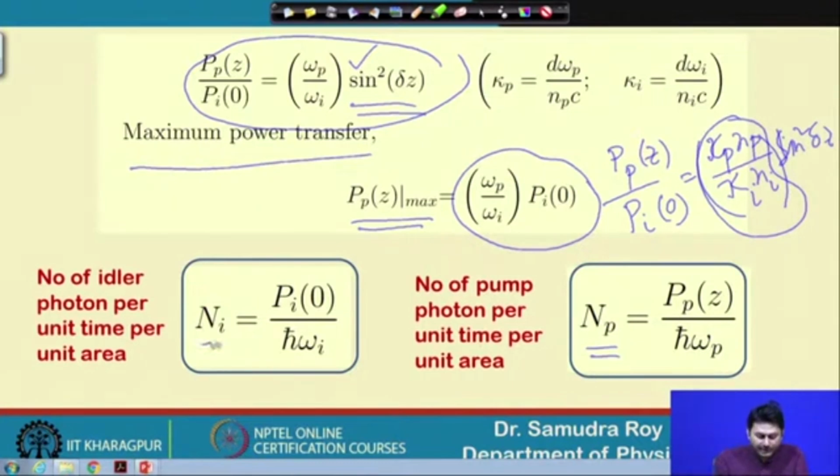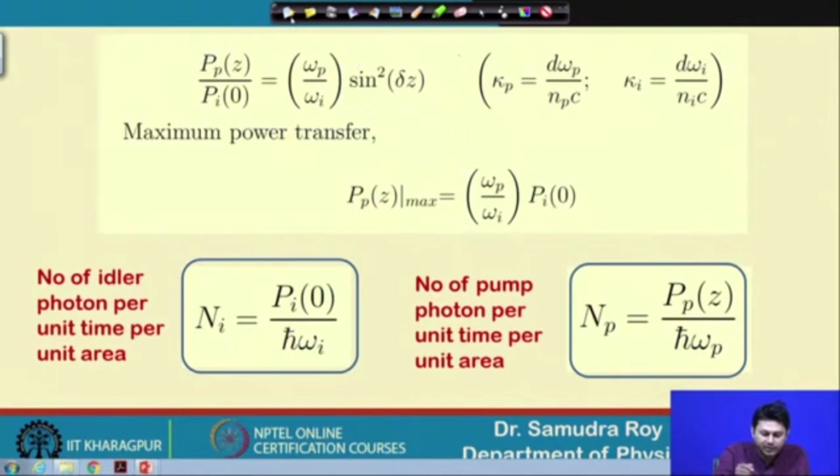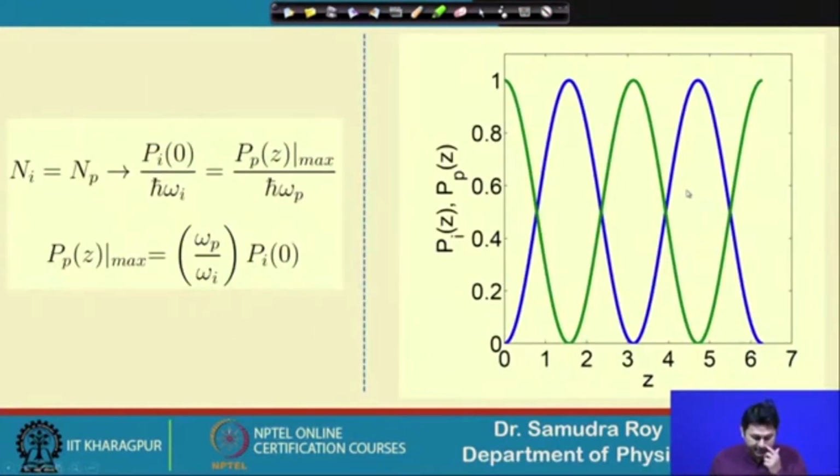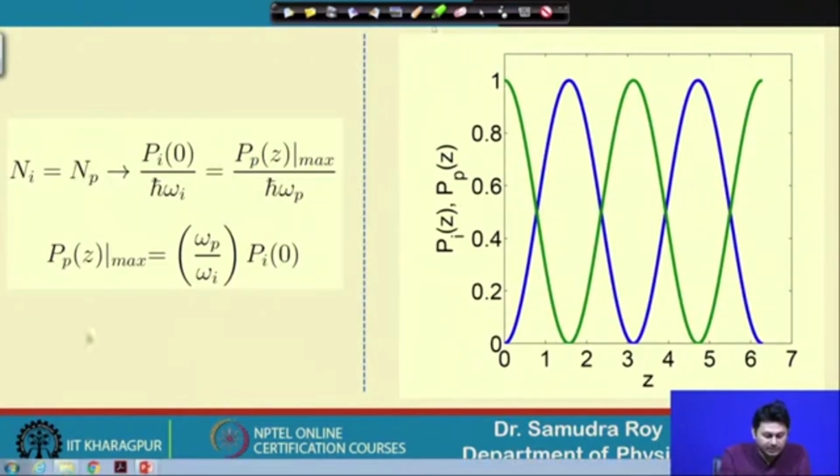So, now idler photons and pump photons are related to this expression, and if we look carefully and make a ratio of these two things, then we find an interesting thing: if the number of idler photons that is generated is equal to the number of pump photons, then this condition is the same as the condition we figured out regarding the power transfer.